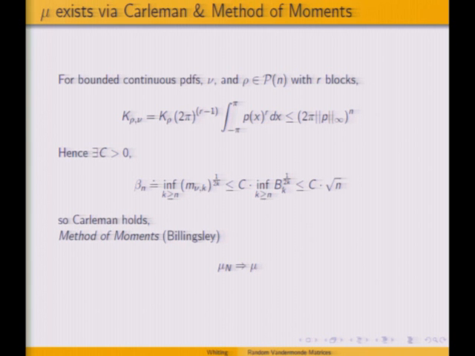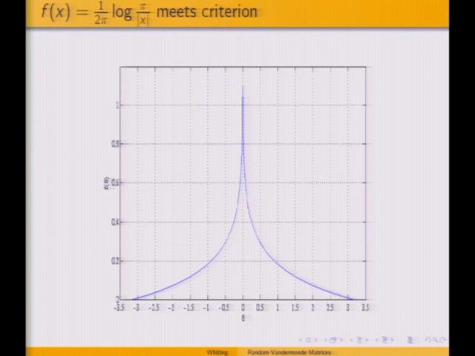There's an equivalent theorem in Feller's book that does nearly as well as Carleman's theorem, and if you applied it here, you would draw the same conclusion, namely that this distribution was determined by its moments. It's just a slightly weaker condition. But anyway, we can conclude that the limit distribution exists.